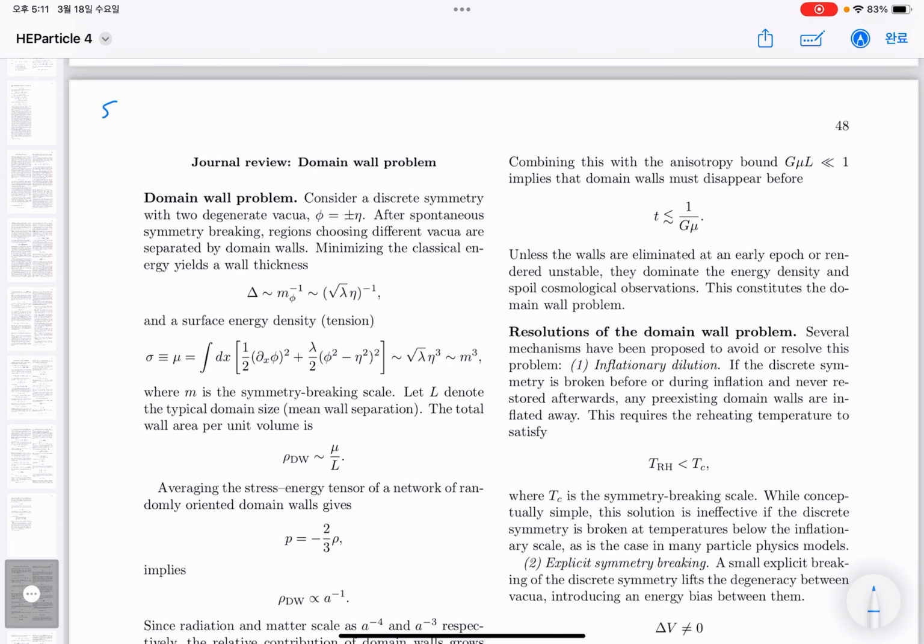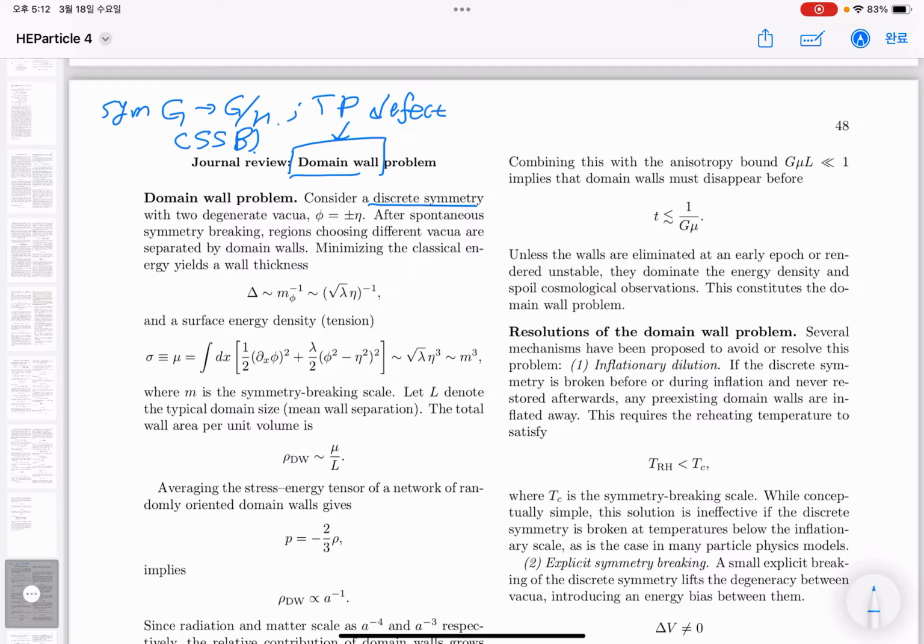When some symmetry is spontaneously broken, then topological defects appear. One of the well-known topological defects is the domain wall, especially when the broken symmetry is a discrete symmetry.